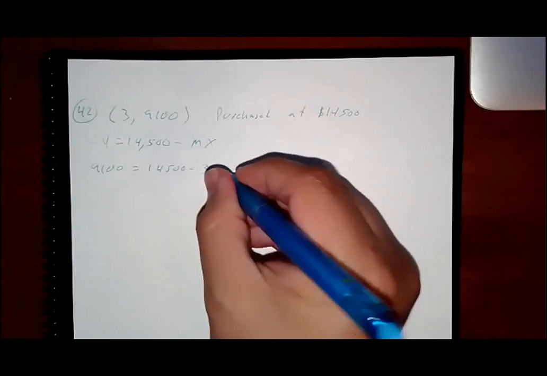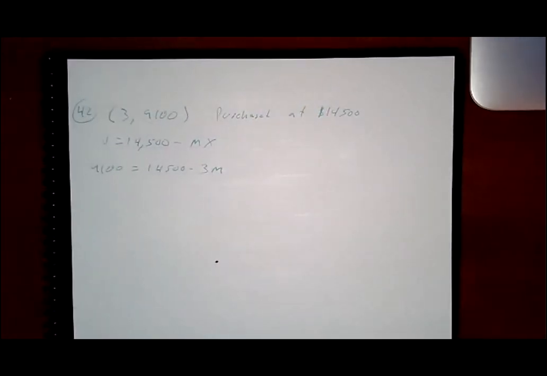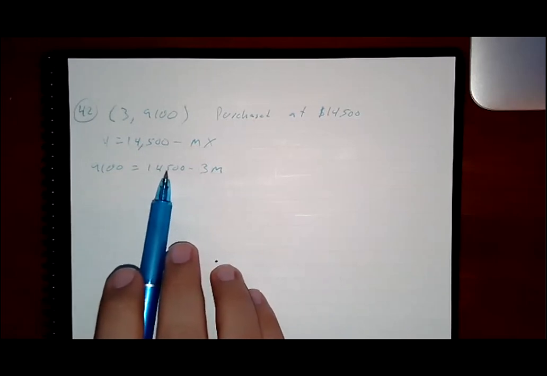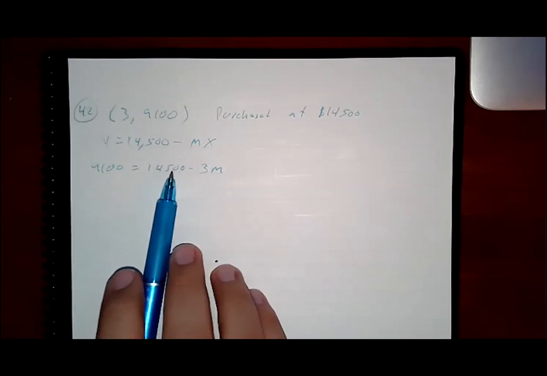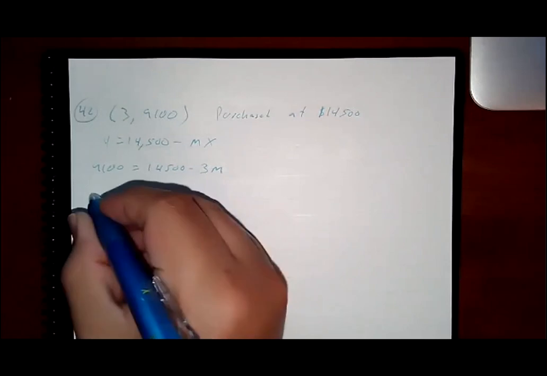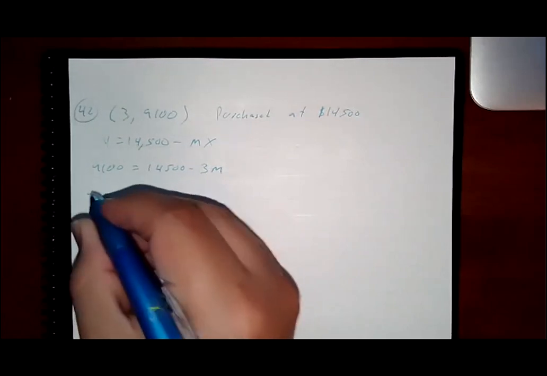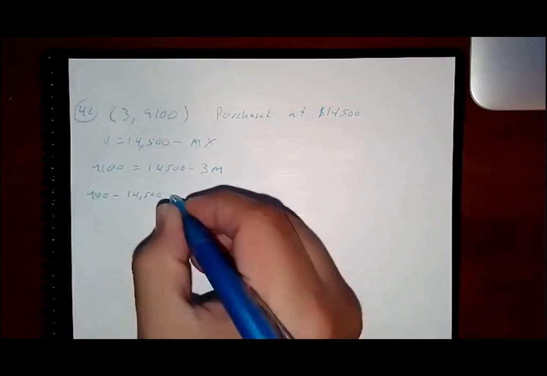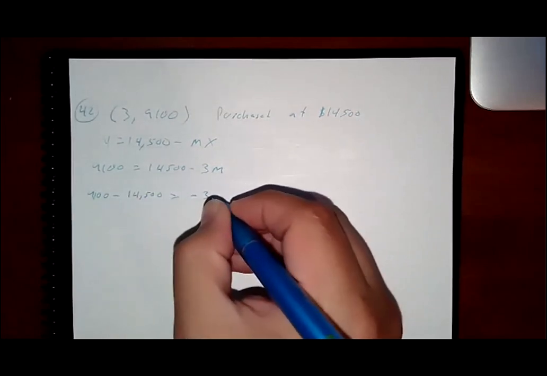That'd be 3m, right? So just solve for m and we're good. Subtract that over. That'd be 9,100 minus 14,500 equal to negative 3m.